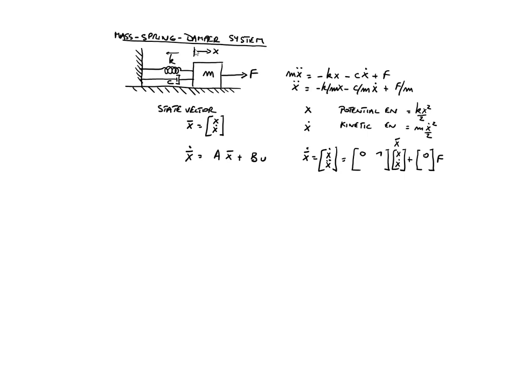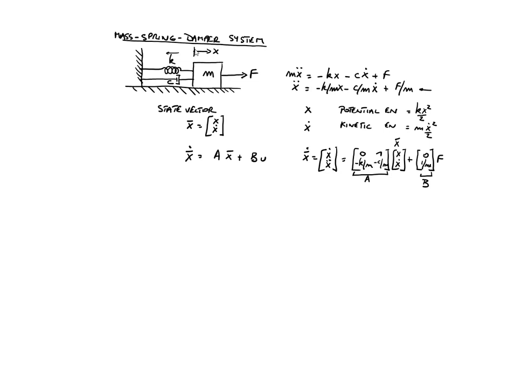For the second line, we can use this equation over here, and we see that we have minus k over m times x, minus c over m times x dot, plus 1 over m times f.